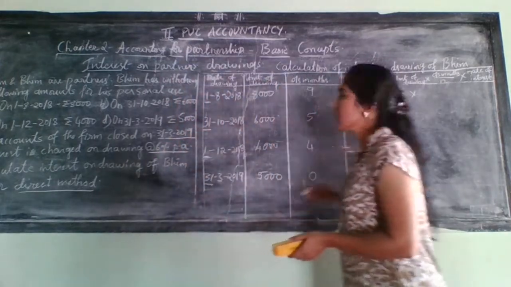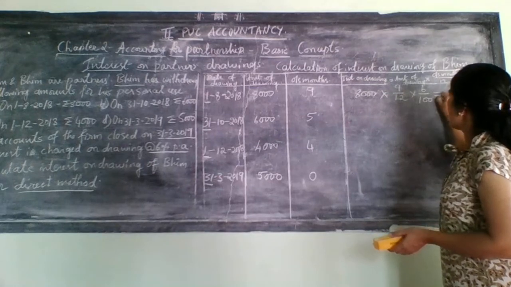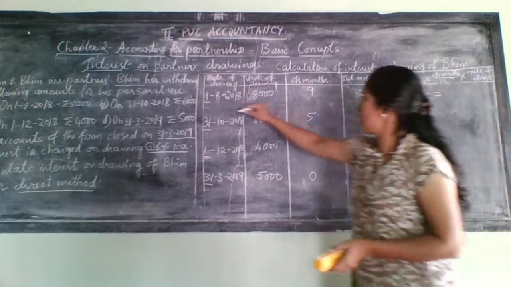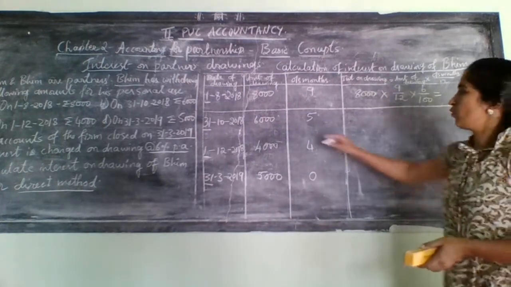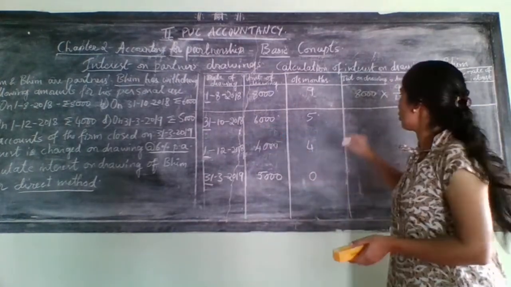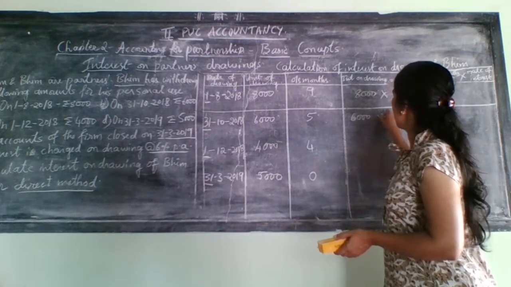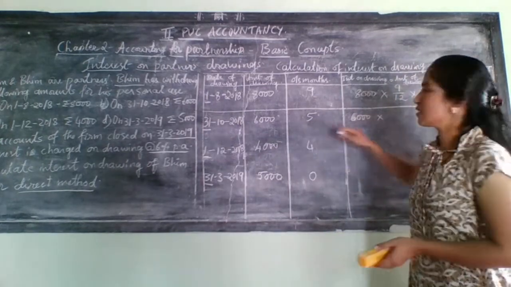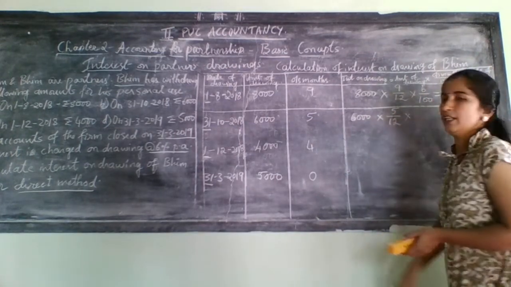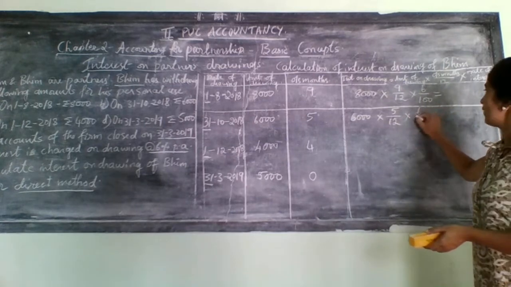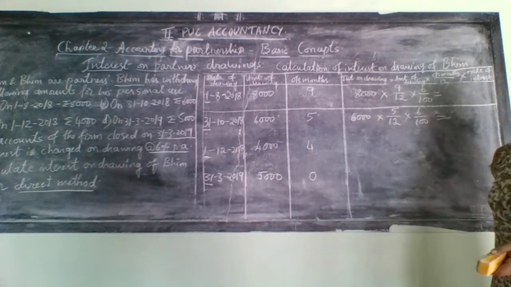Now they have given 6%, so take 6 divided by 100. Next, second one, amount of drawing 6,000 into outstanding months 5 divided by 12 into rate of interest 6 is equal to.